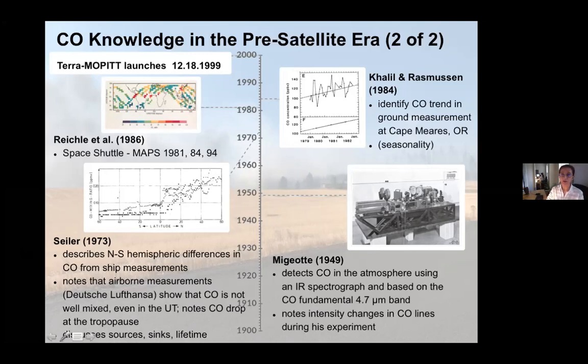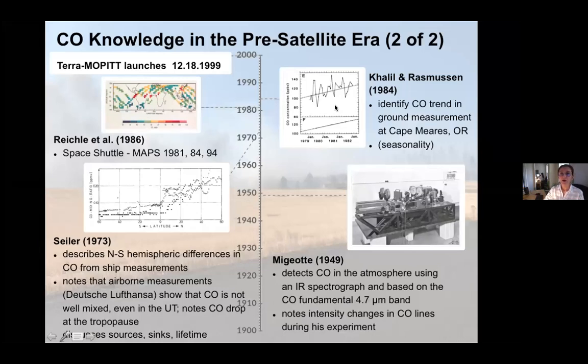In this paper, he describes many other very interesting things, like he talks about measurements done from Lufthansa planes, and he notices that CO is not well mixed, not even very high in the troposphere, and many other things.